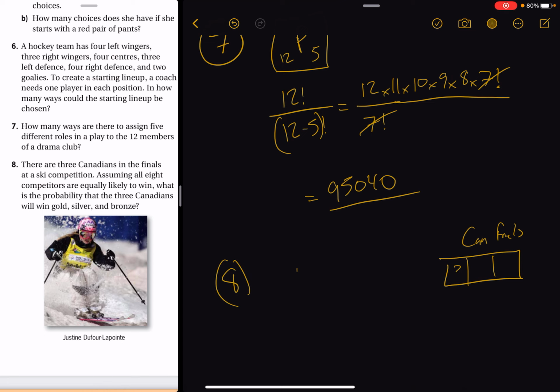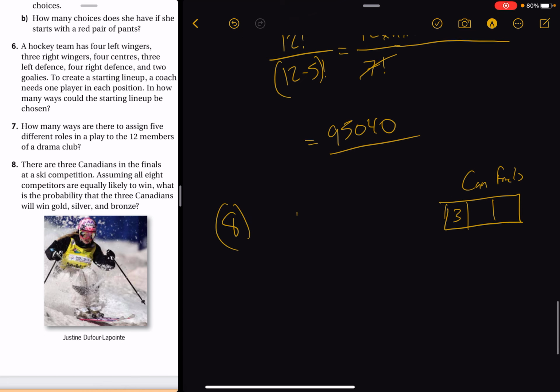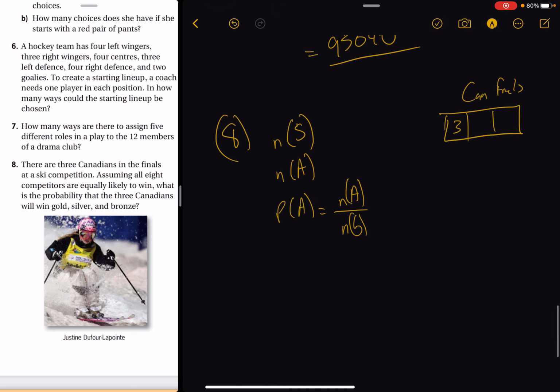Well, how many ways are there to arrange them? Let's just do this math first. What's the probability? How many ways can they be chosen? We need to find NS and NA to find P(A), which is equal to NA over NS.